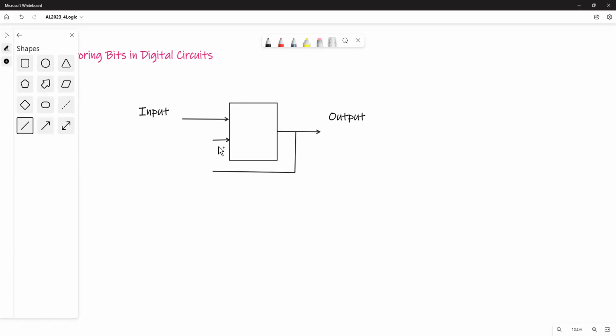That's what will happen in a feedback circuit. And we will use the very same idea to build circuits to store values. So the output is again connected as input.